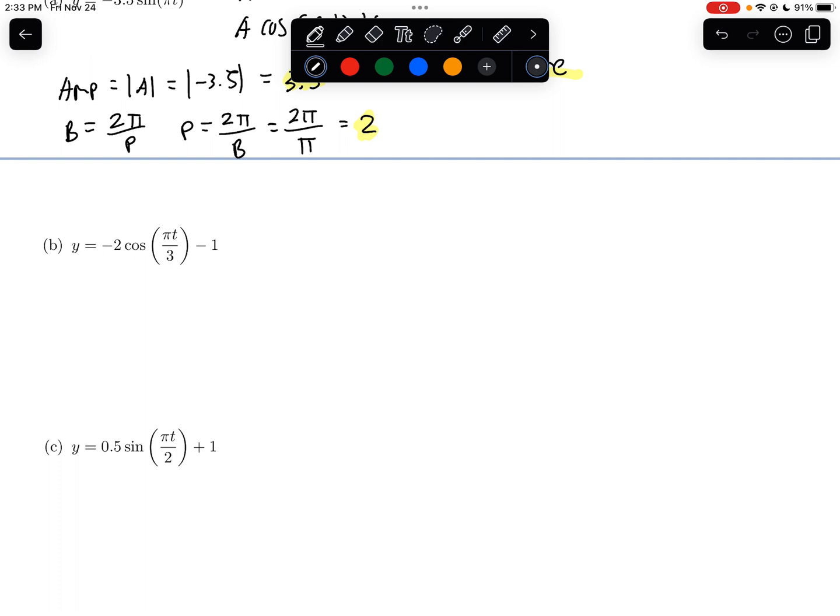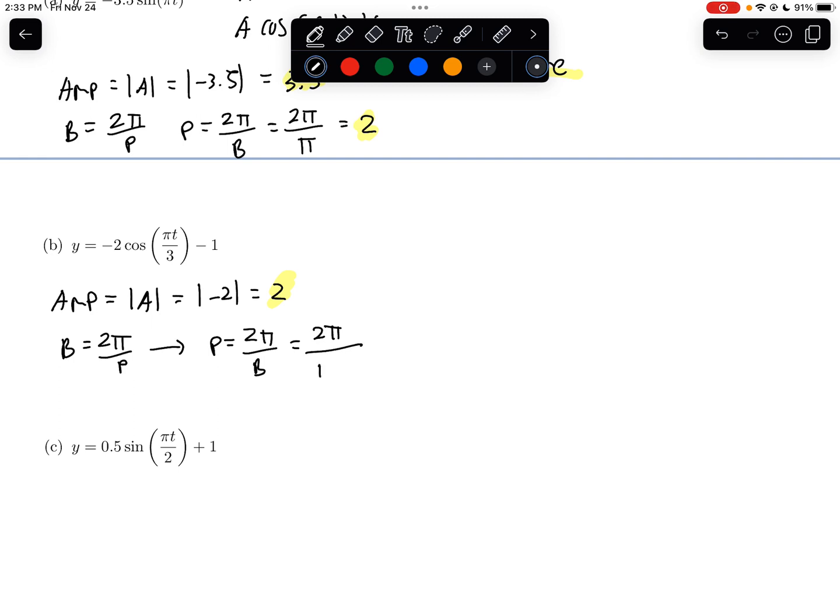Second one, again, amplitude is the absolute value of a, which is the absolute value of negative 2, which is 2. So that's your answer there. B is 2 pi over p, which means that the period is 2 pi over the coefficient in the formula, which is pi over 3.